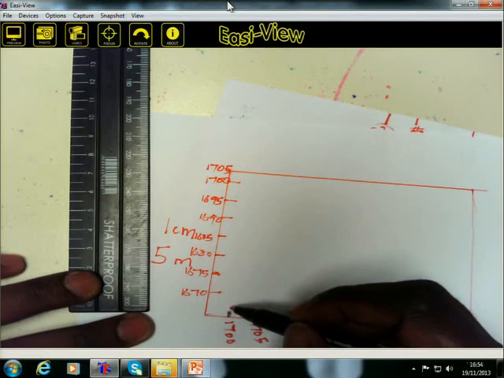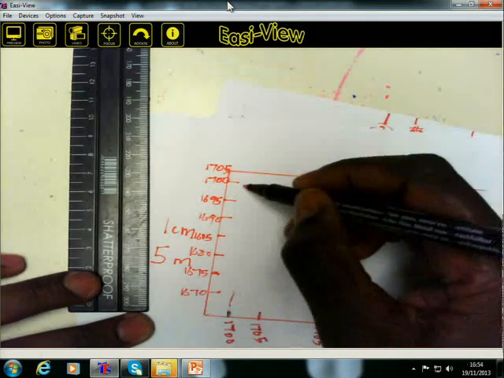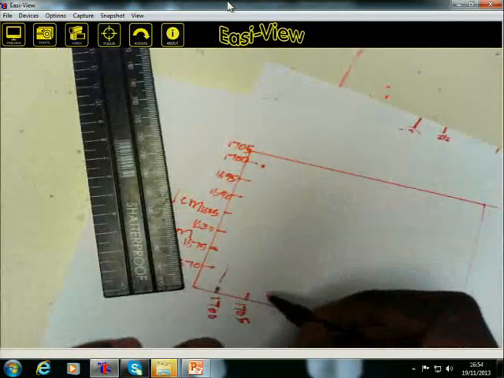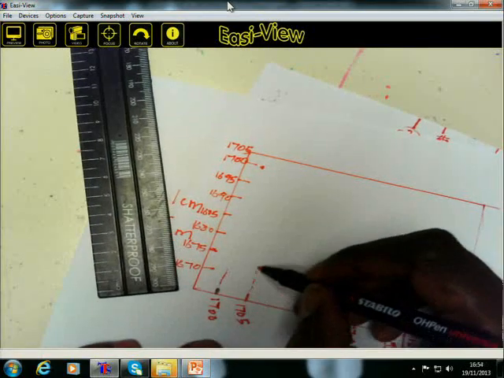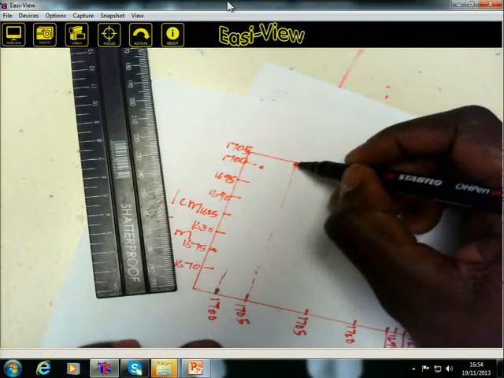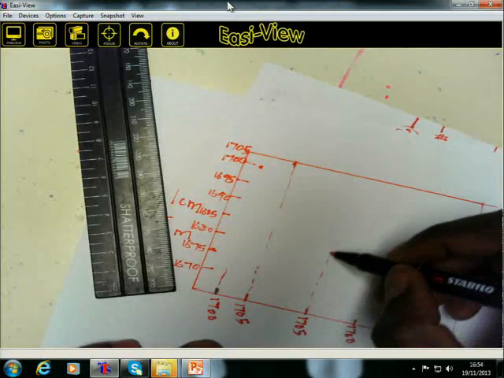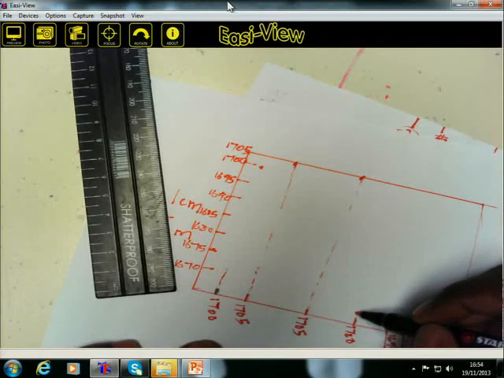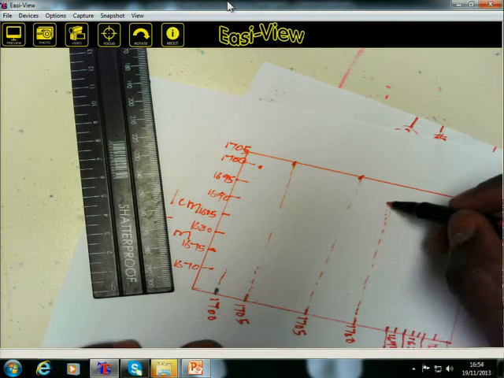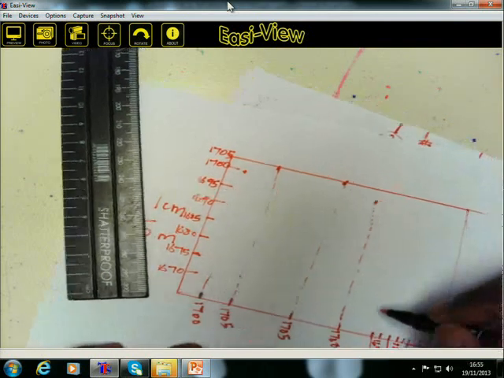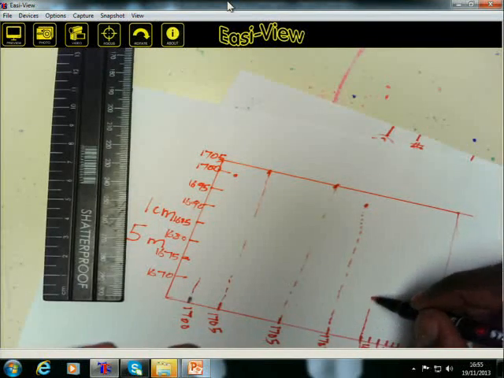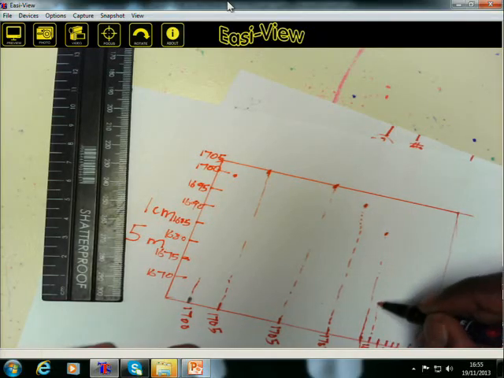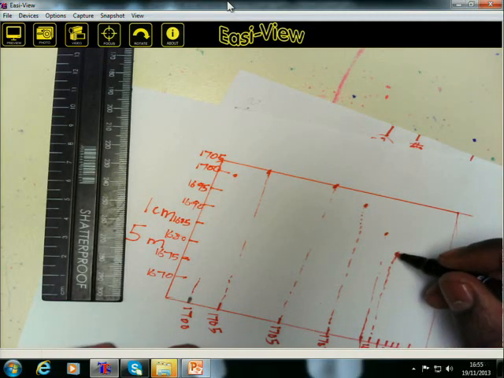1700 should go straight to 1700. That will be it here on 1700. Then the next one is 1705, should go up to 1705. Another 1705 should go up to 1705. 1700 should come next to 1700. And then 1695 should come to 1695. 1690 should come lower.